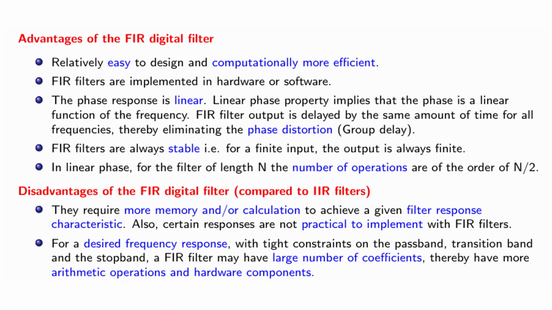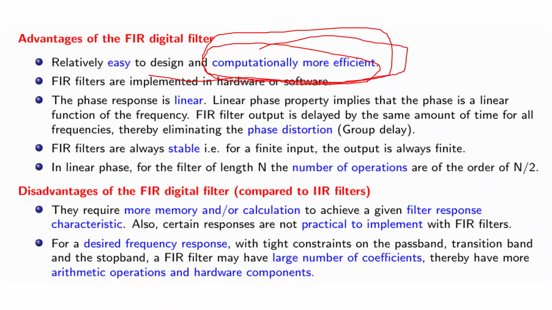Okay, so what is the advantage of your FIR filter? First, it is relatively easy to design, and computationally more efficient. Since this is finite, the computation is very easy.